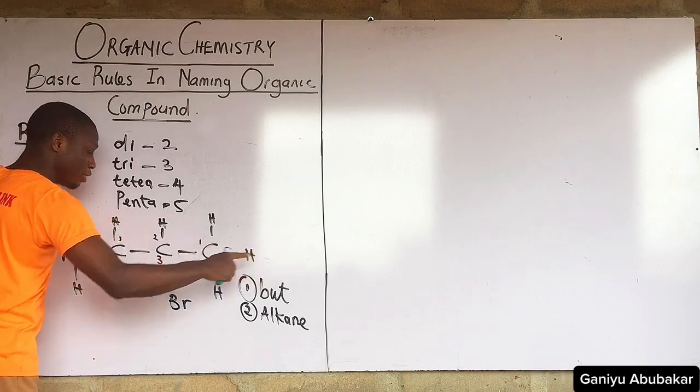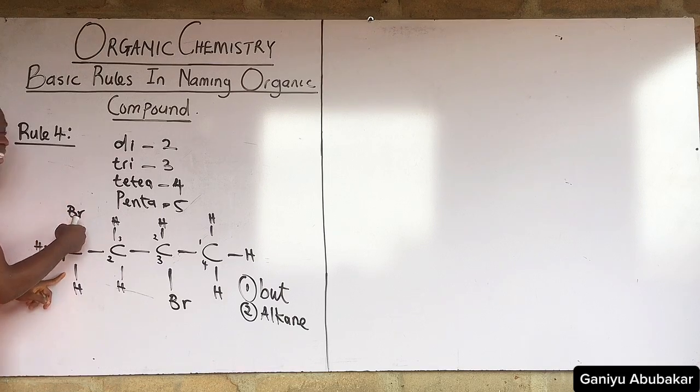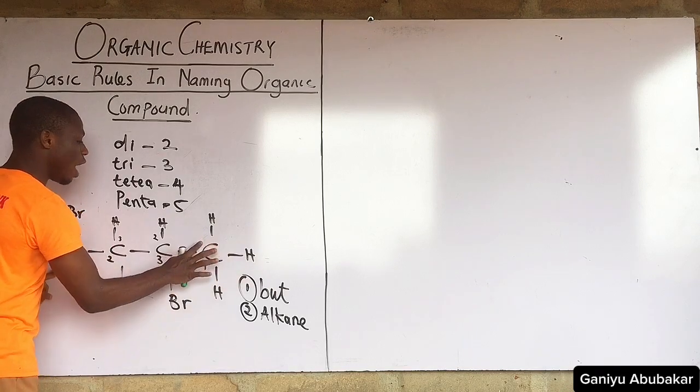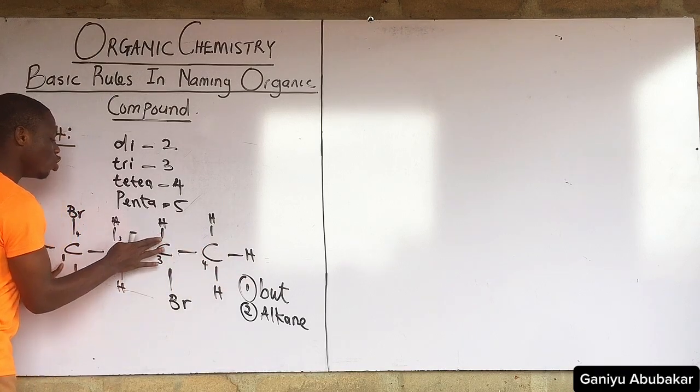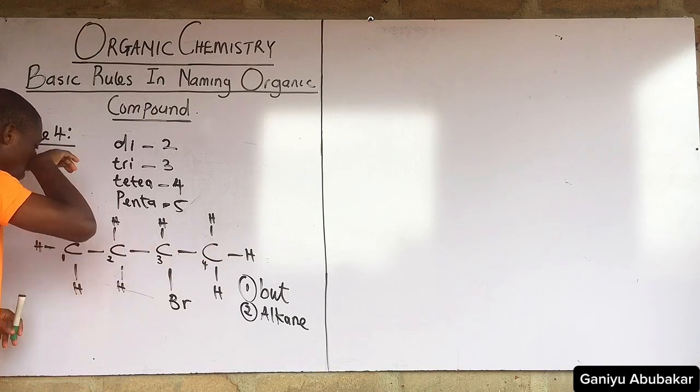My lower numbering, bromine is attached to carbon 4. In between 4 and 1, the least is 1. So I'll go with the upper numbering and eliminate the lower numbering.